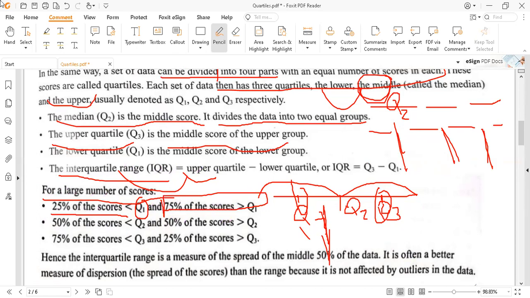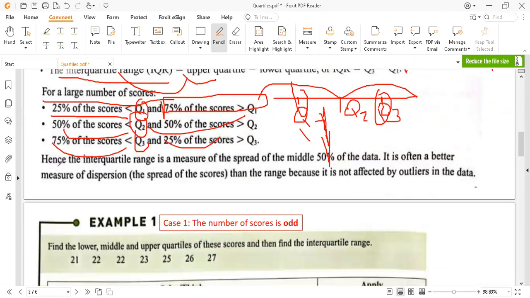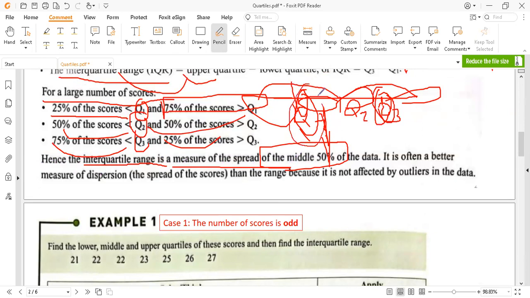Because Q2 is the median, we have 50% and 50%. For Q3, we have 75% and 25%. The interquartile range is the measure of the spread of the middle 50%, because it uses the upper Q3 and the lower Q1. So we use the spread of the 50% between Q1 and Q3.